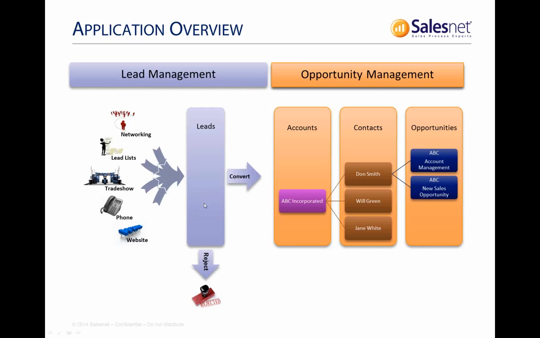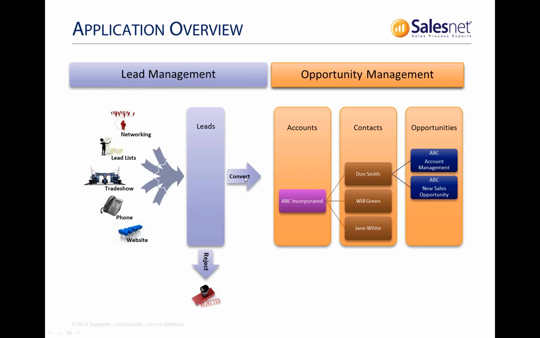Okay, so lead management, inherently, is that area where we want to bring in lists of information, maybe from trade shows. People submit forms. We can feed those automatically into Salesnet from the website. And it's kind of that holding spot where you're trying to figure out, what is this thing going to turn into?